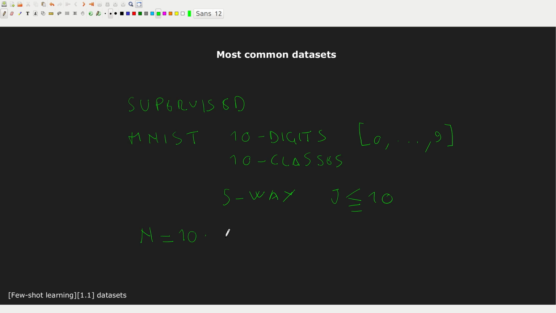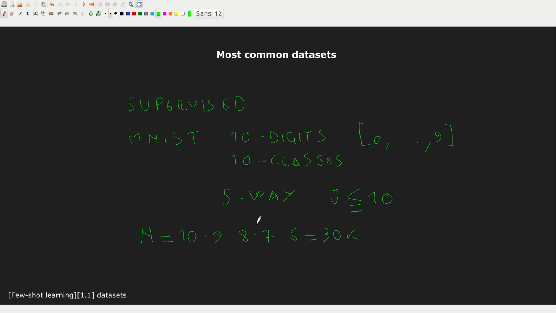Then one class has been ruled out, so we pick another one and have 9, then 8, 7, and 6. If you estimate this value, it is around 30k possible permutations of tasks in a 5-way setting. This is not a lot, right?